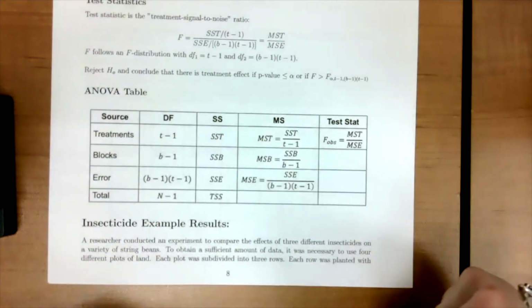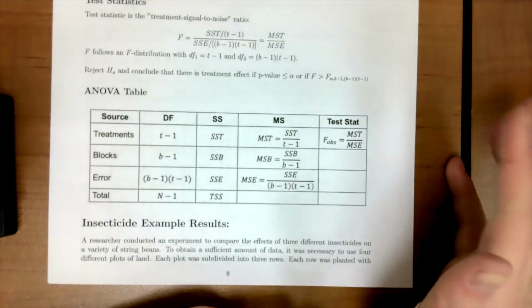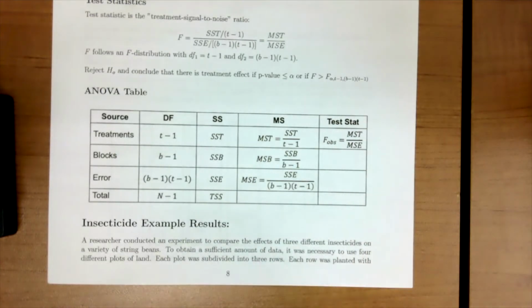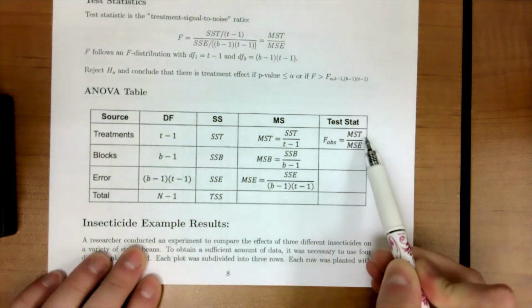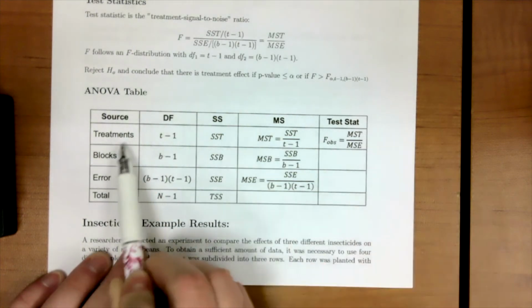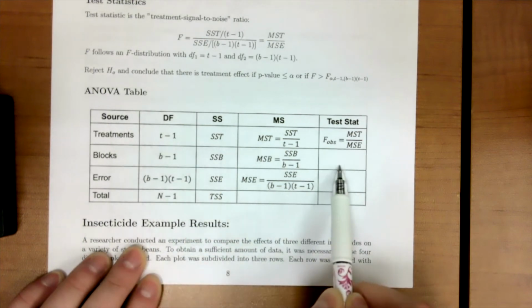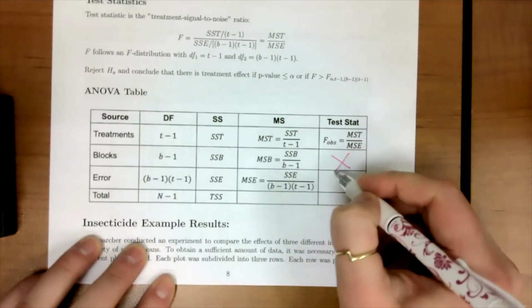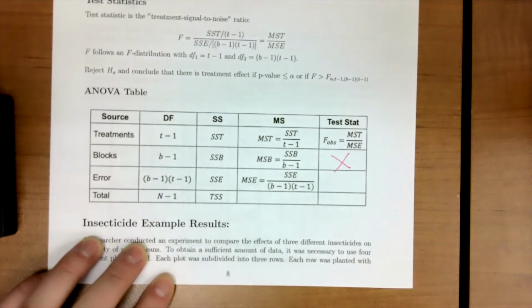As a test becomes closer, I'll make sure you understand exactly what you should be looking at. Notice we have a test statistic for the treatments, but not the blocks. This is because we do not test the blocks, and I'll talk more about that in the next lecture.